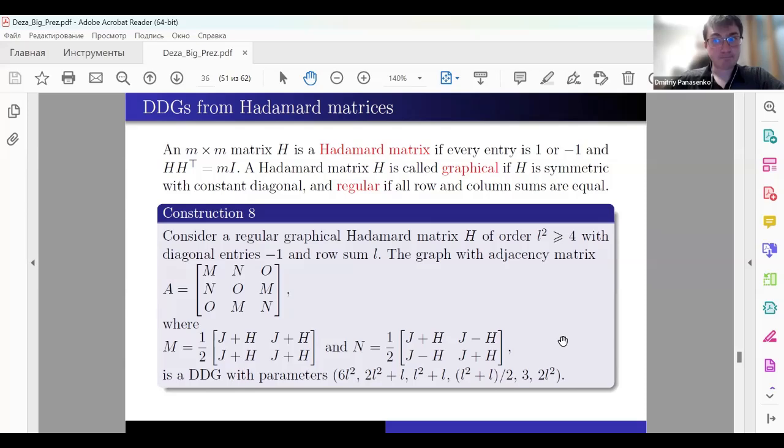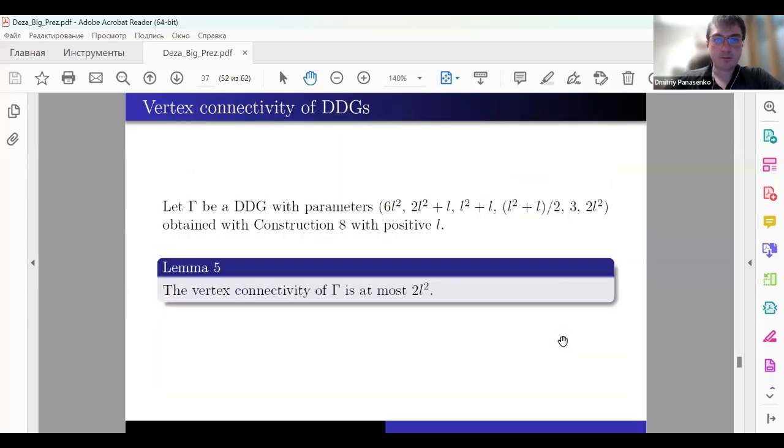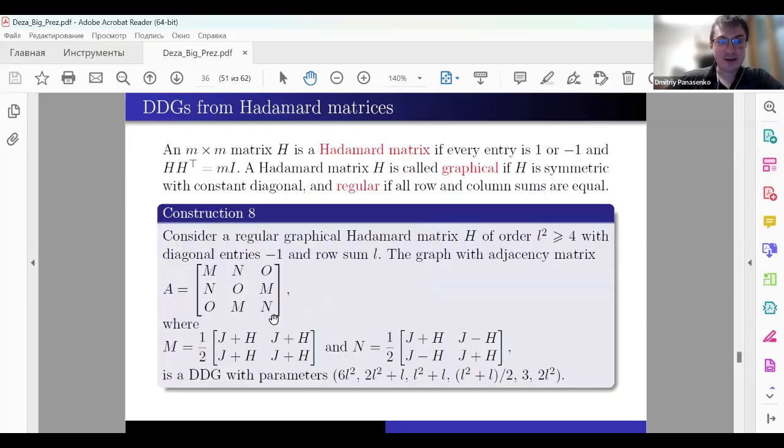So let us consider this graph. It's very easy to see that the vertex connectivity of this graph is at most 2L squared. But the value of k is actually 2L squared plus L. Why does this happen? Very easy.